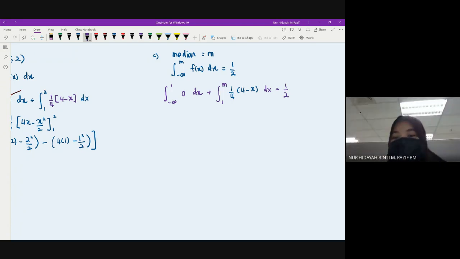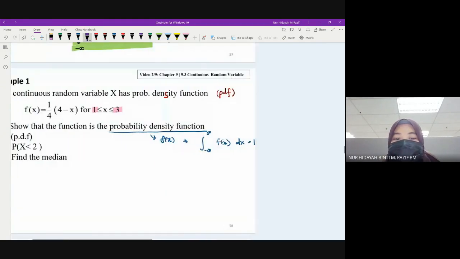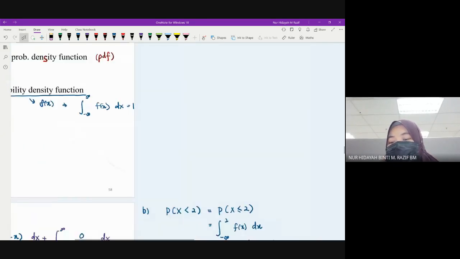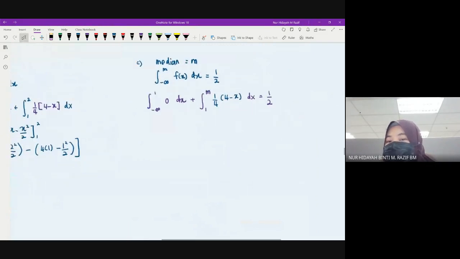So macam mana kita tahu dia mesti integrate sampai m yang berada lebih daripada 1? Jawapannya sebab kita punya random variable x besar tu, x antara 1 hingga 3 je. So kita tahu sebelum nilai 1, probability-nya sentiasa kosong. So takkan median kita duduk dekat sebelum ada probability, betul tak?